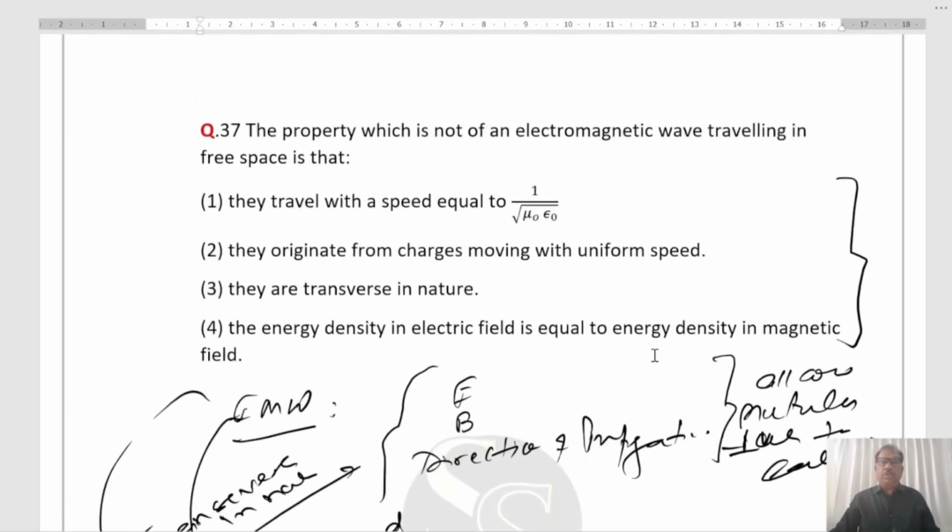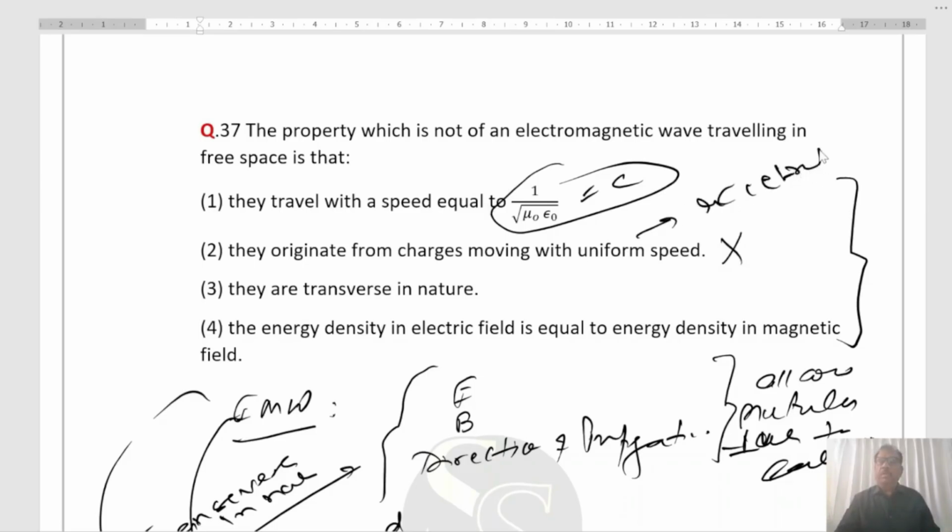When it says they travel at the speed of light, this is correct. This is C, C equal to 1 over root mu naught epsilon naught. They originate from charge moving with no acceleration: this is not correct. They originate from accelerated charge. They are transverse in nature, I have indicated here. The energy in the electric field is the same as in the magnetic field.